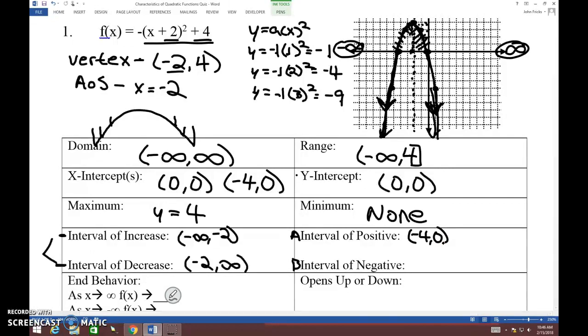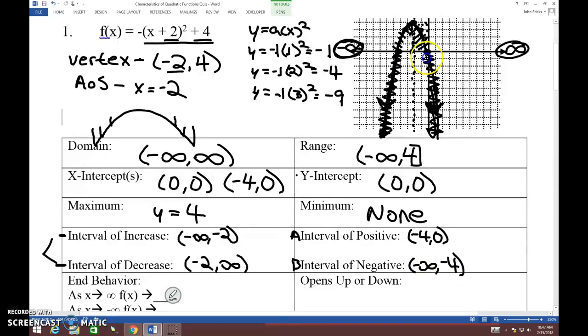Interval of negative is going to be everything below that. So interval of negative is going to be all this information that's below it. So with this, we know that the widest it's going to go to is negative infinity, and then it's going to reach that point at negative 4. So interval of negative is going to be from negative infinity until it reaches that point, which is located at negative 4.